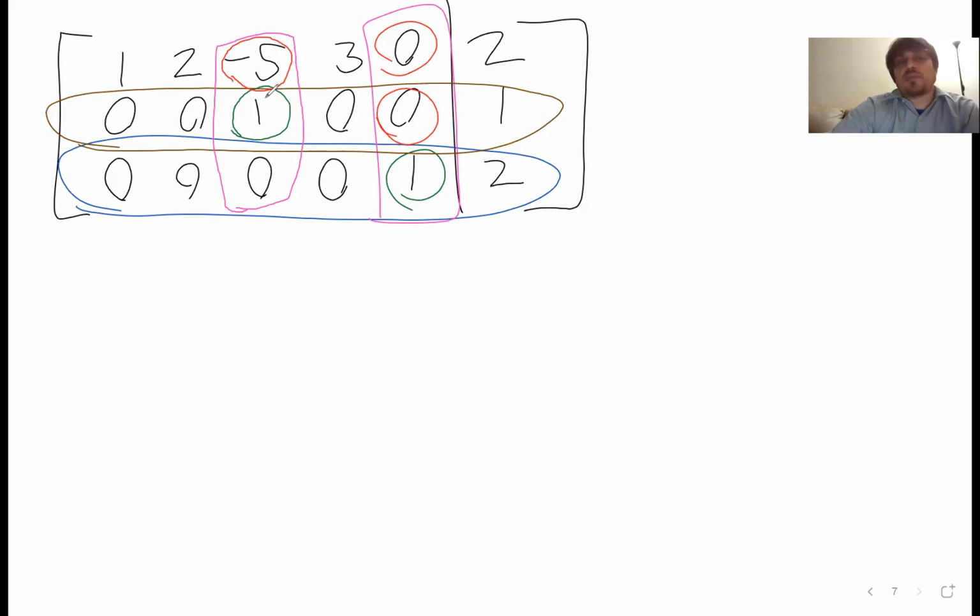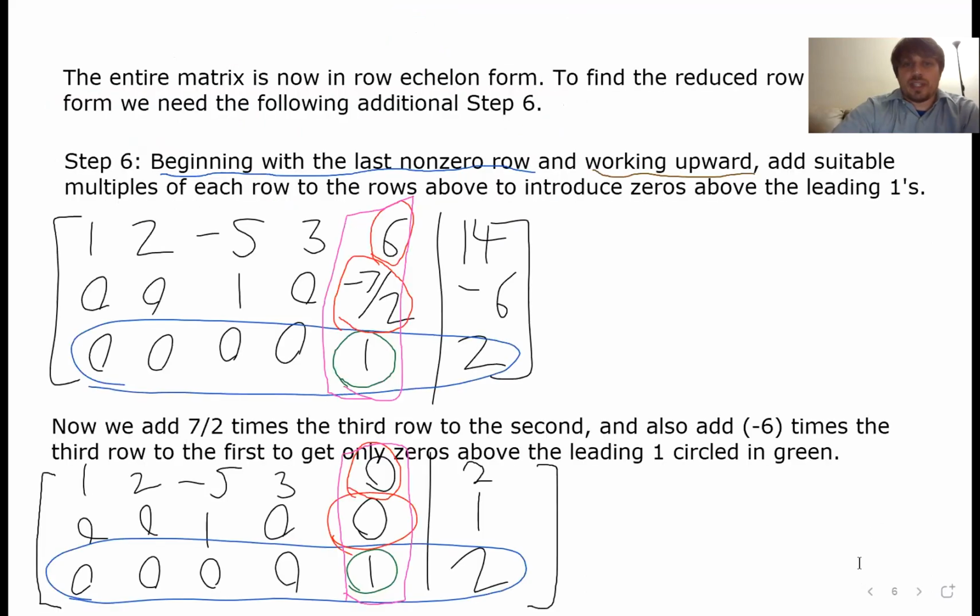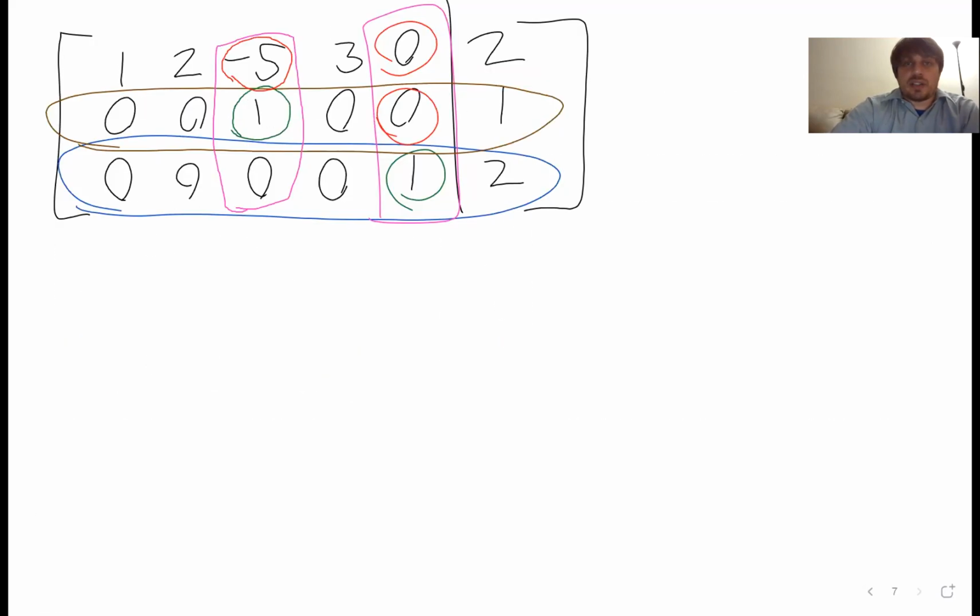And so we need to add a suitable multiple of the brown row to the top row so that becomes a 0. And so that all the entries in this pink column, which contain this leading one for this brown row, all the other entries are 0. Okay, so add 5 times the brown row to the top row to get a 0 there.